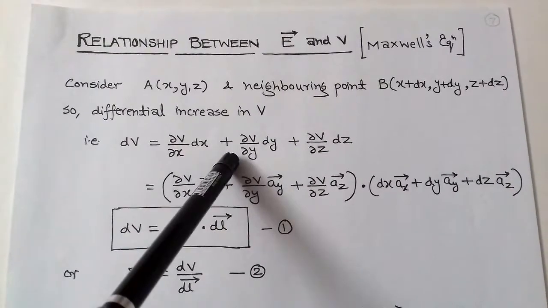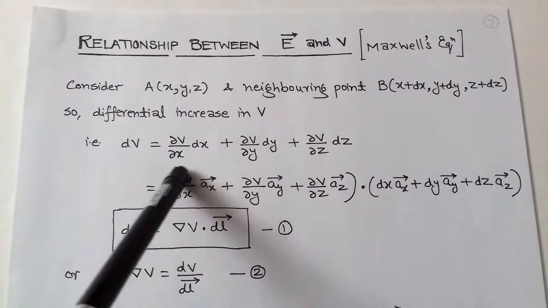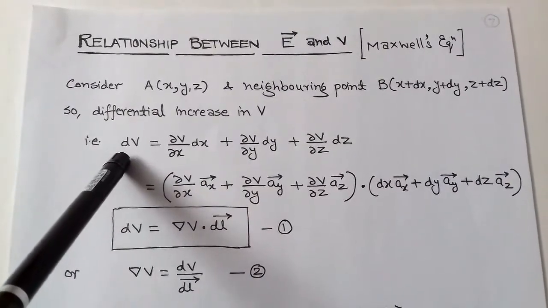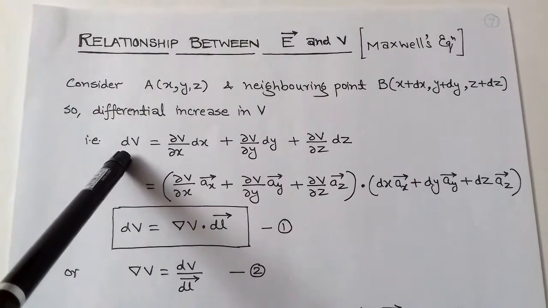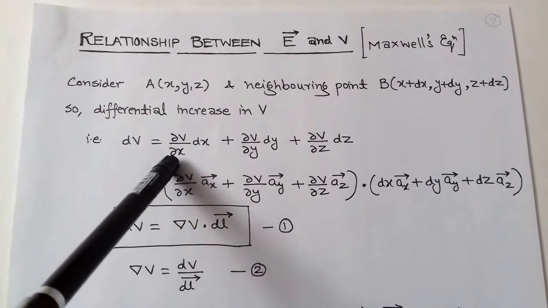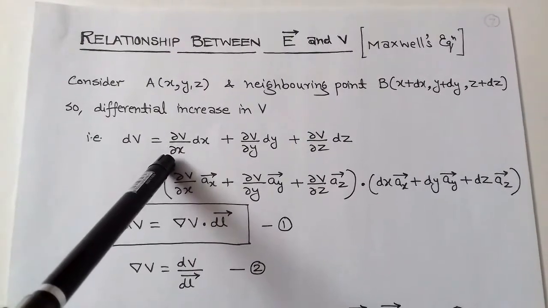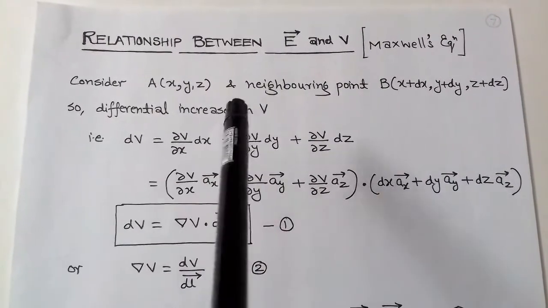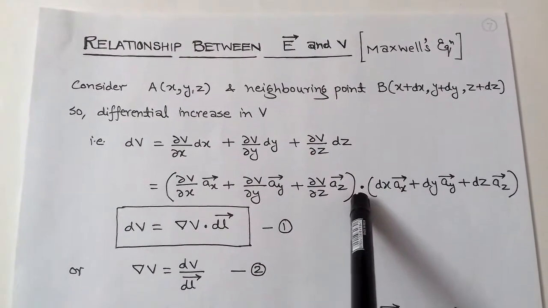By using calculus, dV is equal to del V upon del x dx plus del V upon del y dy plus del V upon del z dz. This is from our mathematics, that is from calculus. dV can be written in this form, having three variables.